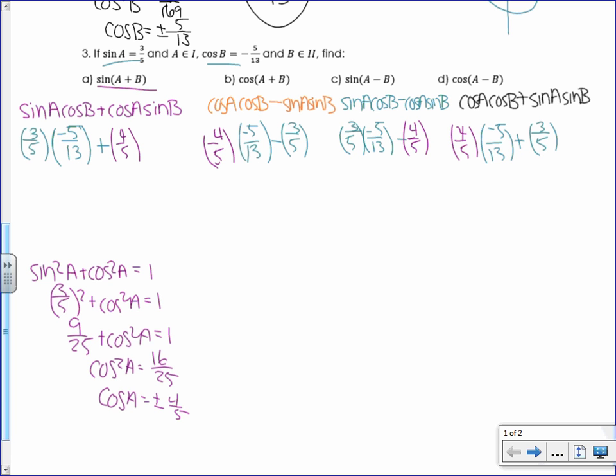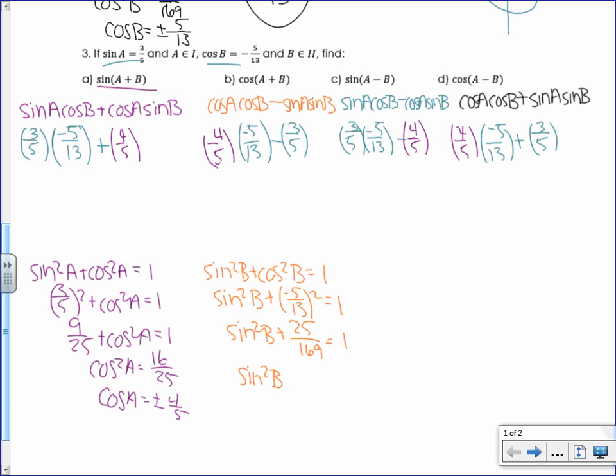Okay, and now I'll do my Pythagorean identity for the B's. So I've got sine squared B plus cosine squared B is equal to 1. And I want to find sine, so sine squared B plus, and then cosine of B is negative 5/13. So I get that sine squared B plus, this is really 25 over 169.